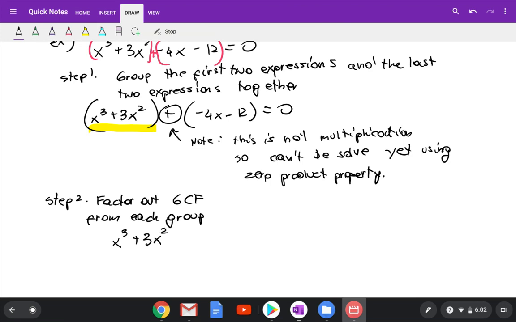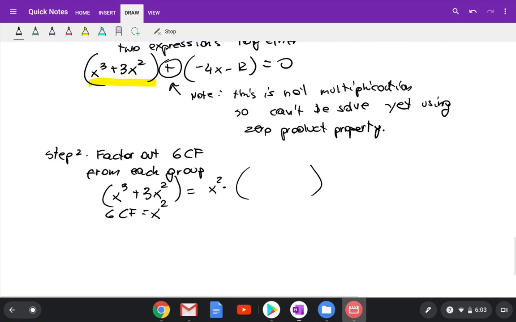Okay, we need to find the GCF here. So GCF will be, we have x to the third power and x squared, so you always pick the variable with the lowest exponent, which will be x squared. So x squared is our GCF.